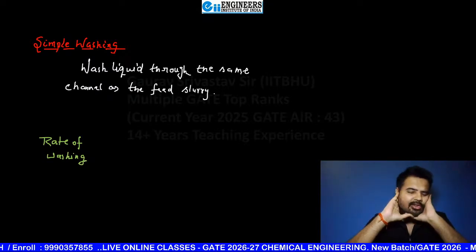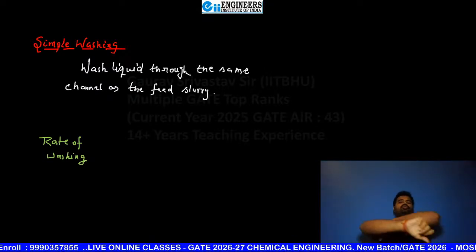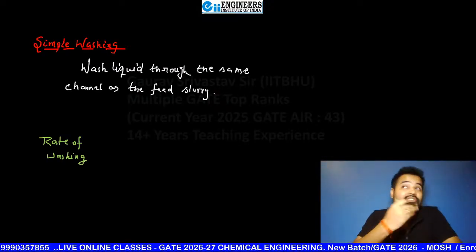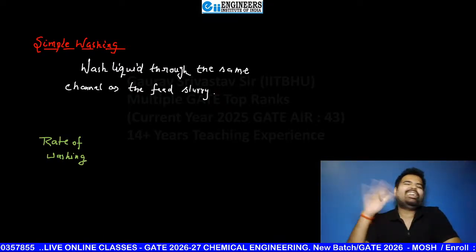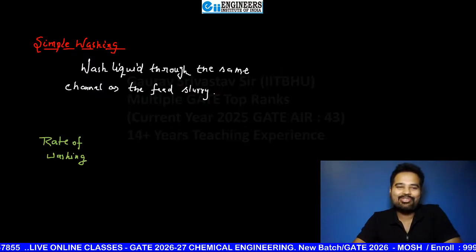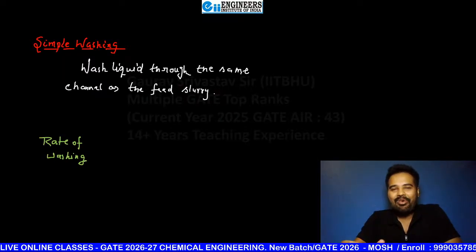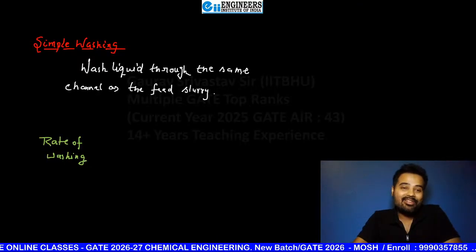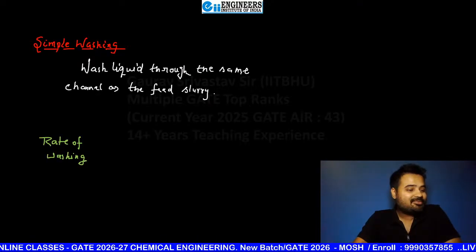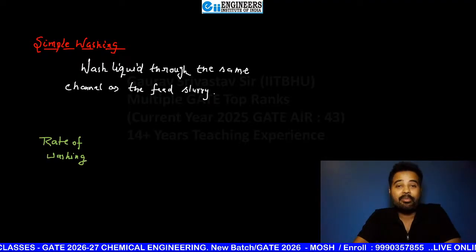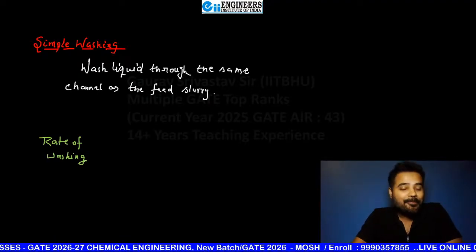In industry, you want to save time or you want to just kill time? Very easy question. Rate of washing fast. Common sense here. I hope 100% vote will be there.